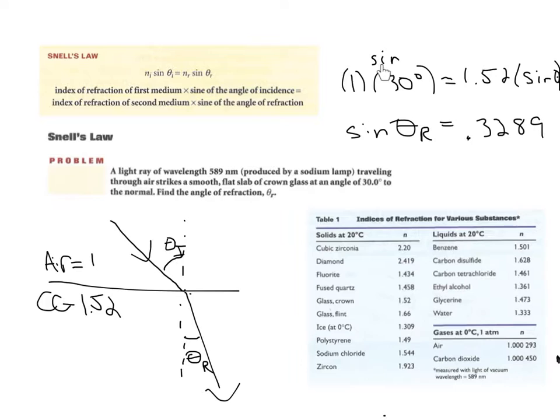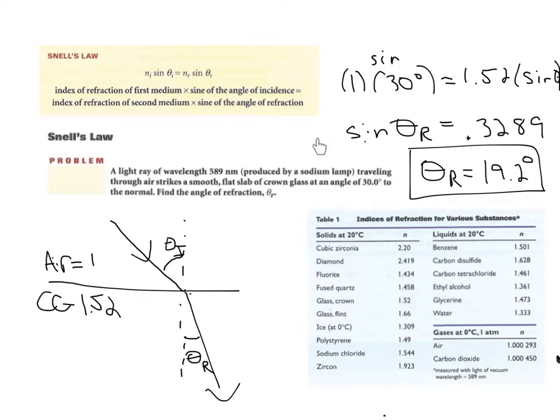And I solve for the angle of refraction, so I do the inverse sine of this number, and I get 19.2 degrees, which is indeed less than the angle of incidence, which is what we would expect since it slows down in crown glass.